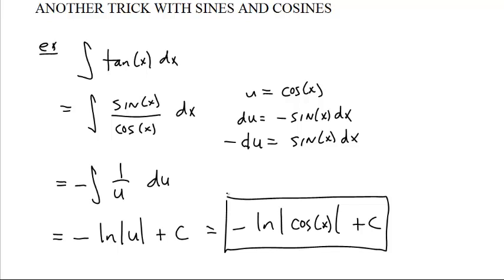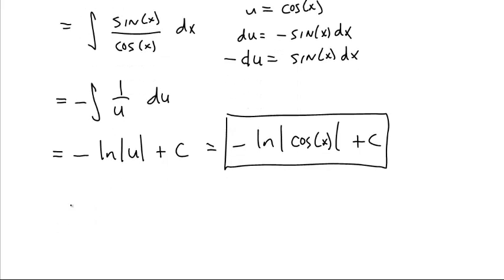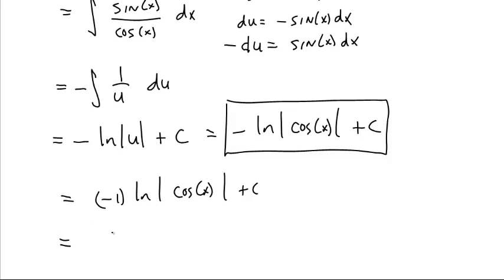However, if you look it up in the back of a book, you're going to find a different answer. Why? Because what they do is they say this is negative 1 times the natural log of the absolute value of cosine of x plus c. And remember, if you had an exponent up here, you could bring it out front. If it's out front, you could bring it up. That is the same thing as the natural log of the absolute value of cosine of x to the negative 1 power plus c.